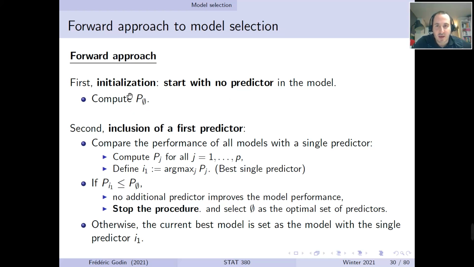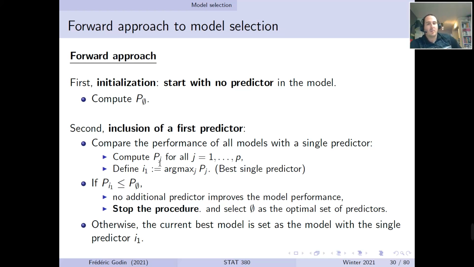Then, once we calculate the performance with no predictors, the second step involves trying to include a first predictor in the model. So what we're going to do here is compare Pj for all j from 1 to p. So compare the performance P1, which would be the performance with only the first predictor, P2 would be the performance with only the second predictor included, etc., until Pp being the performance with only the p-th predictor included.